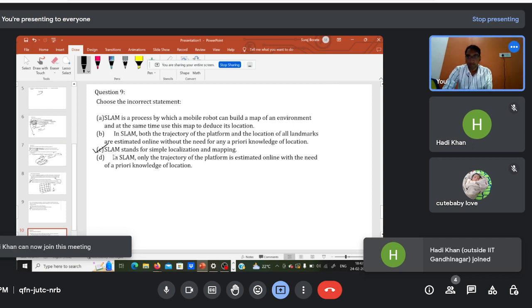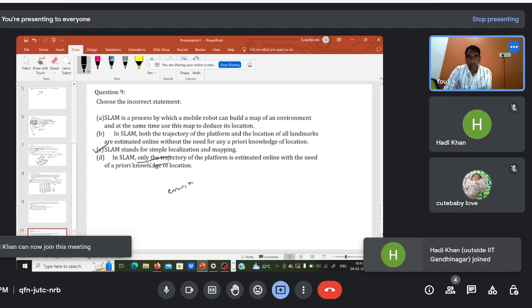Option C is also an incorrect statement: in SLAM, only the trajectory of the platform is estimated online with need of prior knowledge of location. Not only the trajectory, right? We also estimate the environment map.